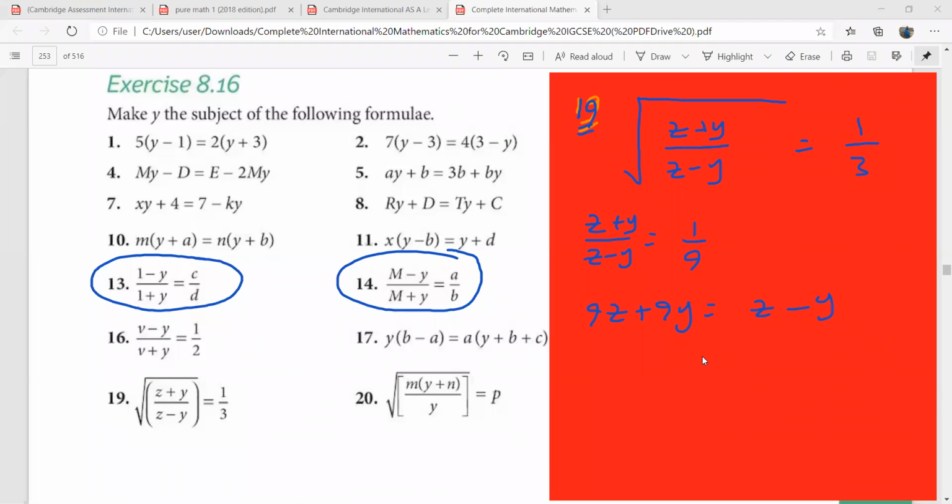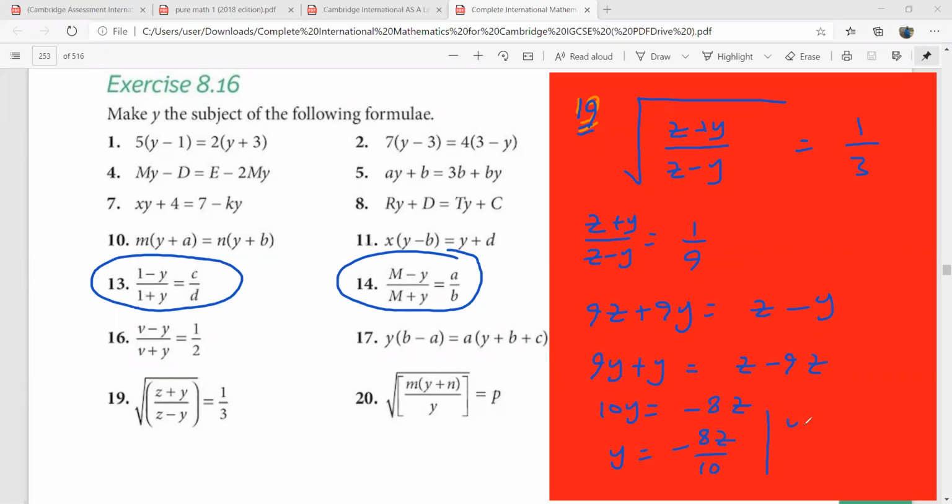I have to make y the subject. So 9y plus y, that is going to be z minus 9z. This is 10y equal to minus 8z. So y is going to be minus 8z over 10.